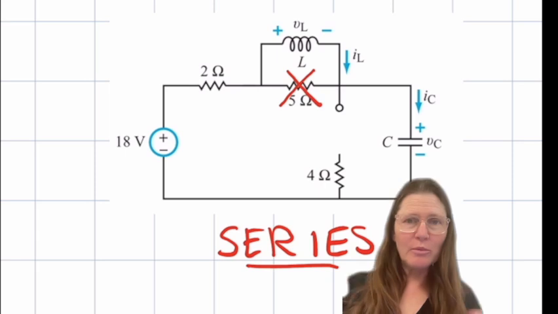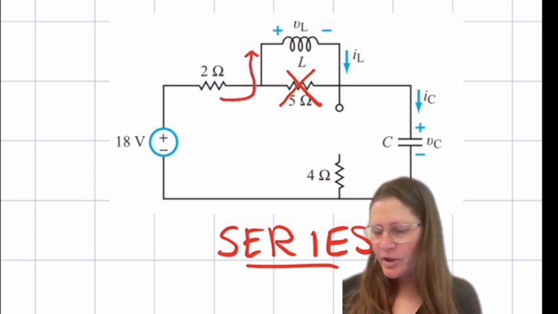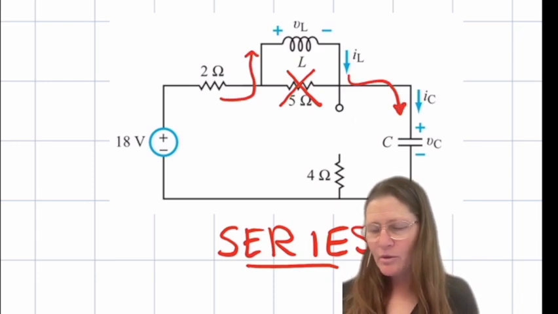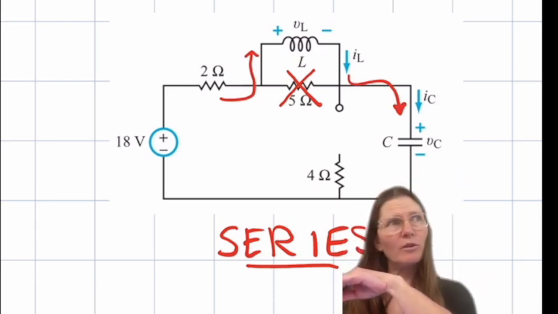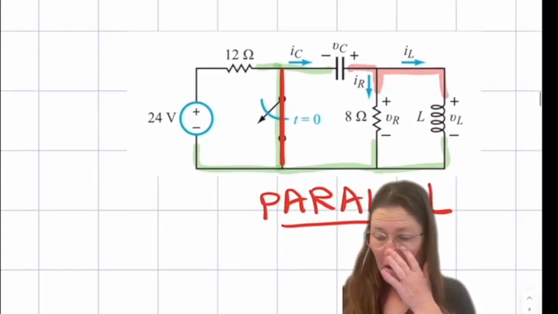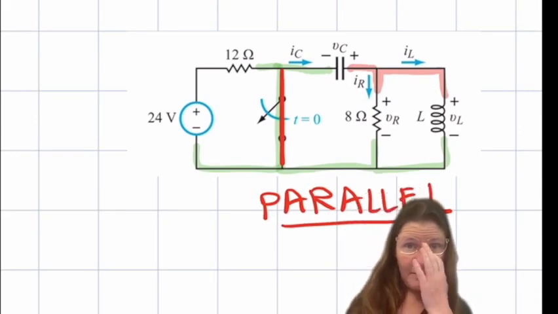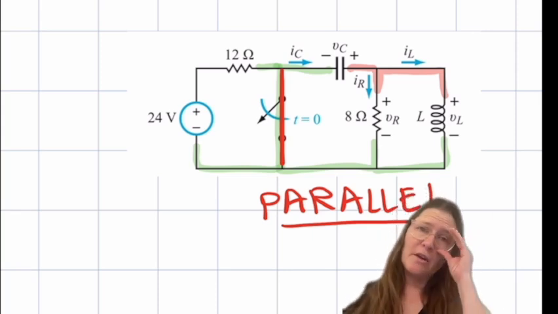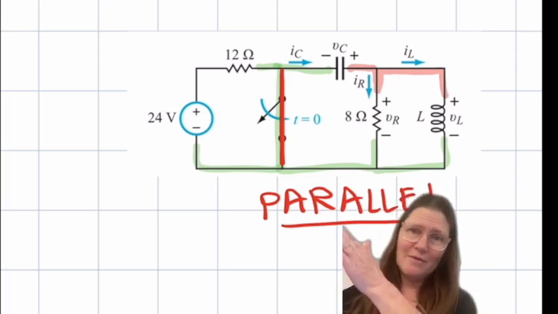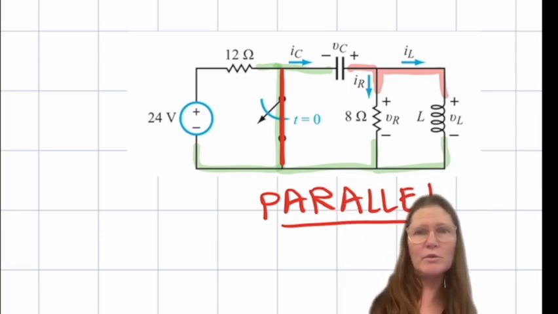When it bypasses it though, all the current is going to go through just the one pathway. The difference here is that even if it is a wire with the 8 ohm or through the L, there's still going to be different current going through the 8 ohm.